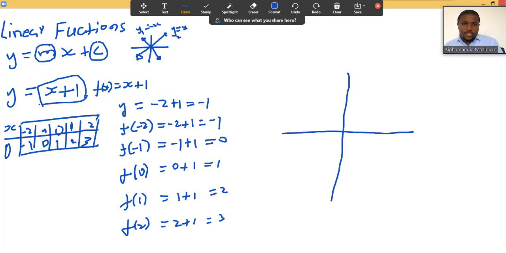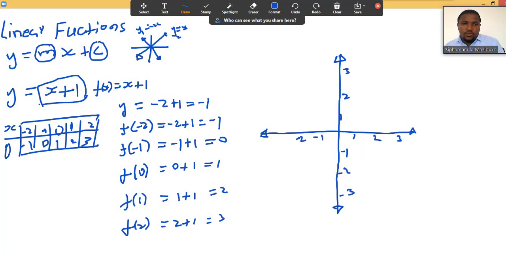Let's look at sketching our graph here. So this is our graph. It's continuous. So we have 1, 2, 3 on both axes, and minus 1, minus 2, minus 3 on both axes.